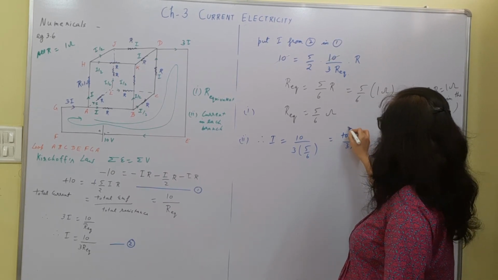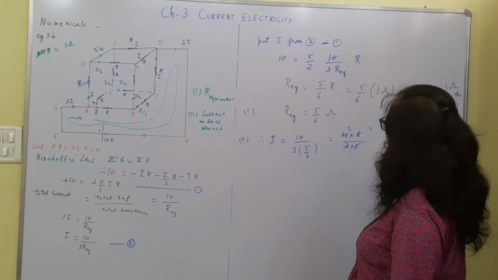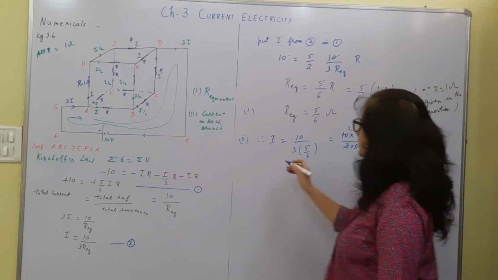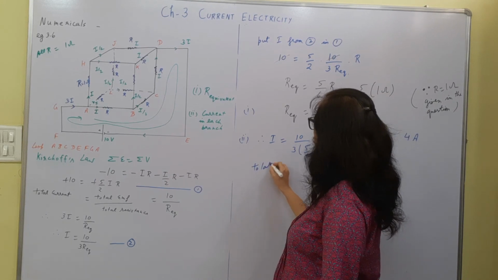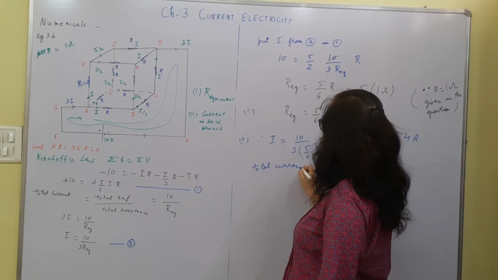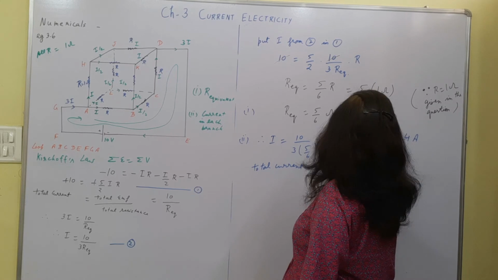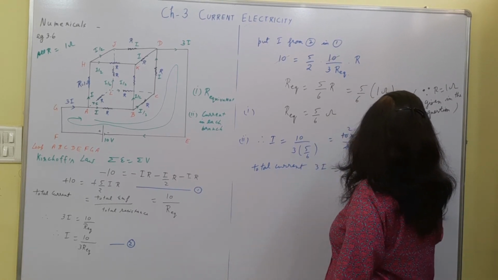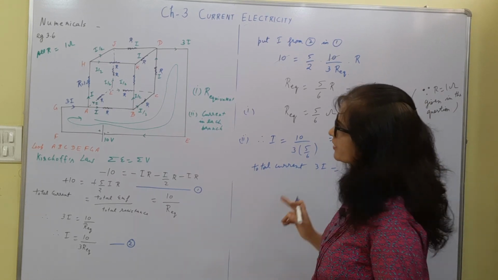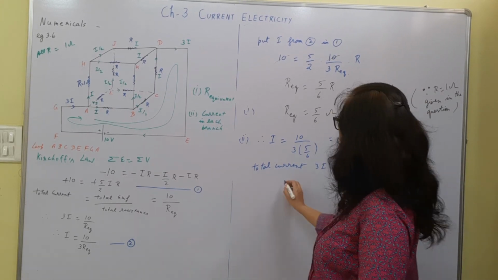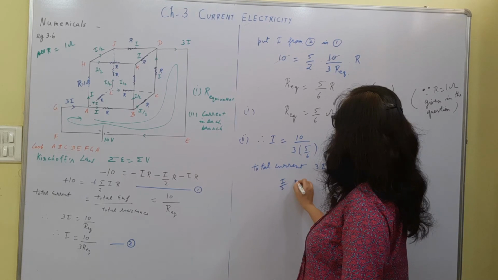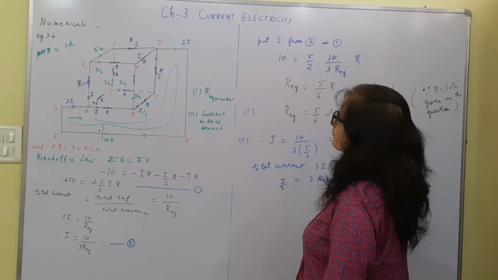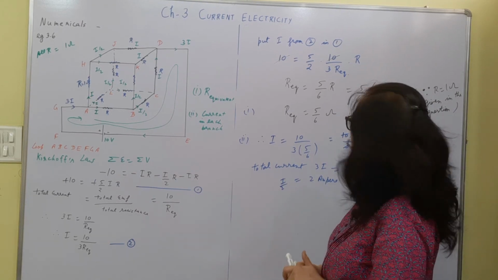So this is 4 ampere and total current 3I is equal to 4 into 3, that is 12 ampere, and in the branch where we have I by 2 it will be 2 ampere, right?